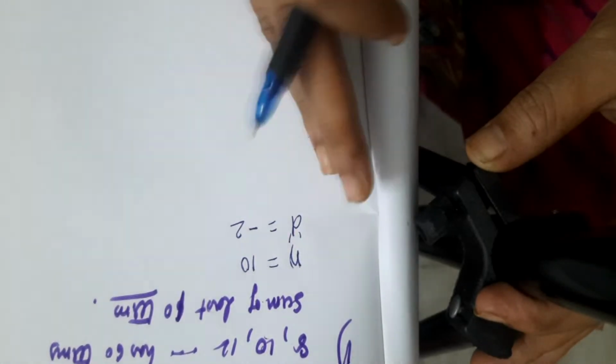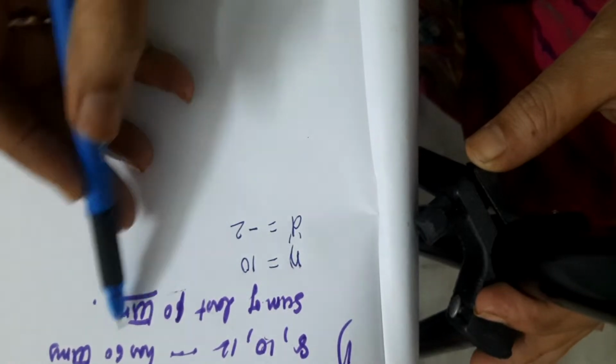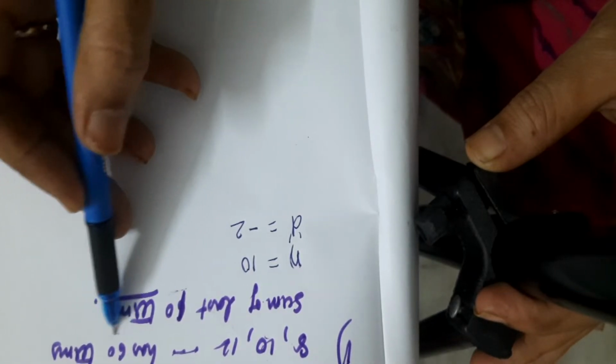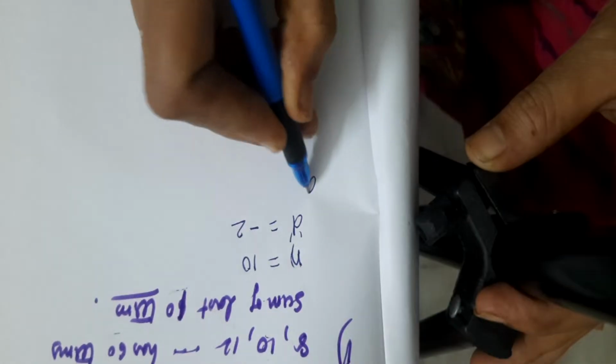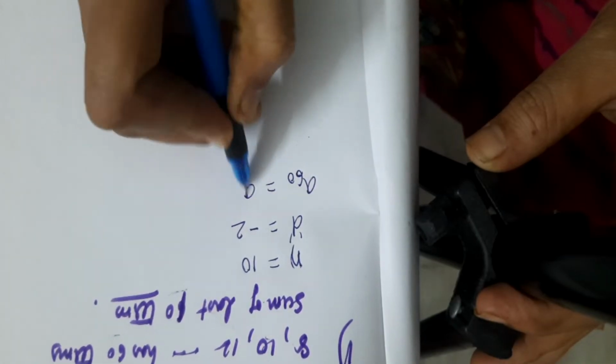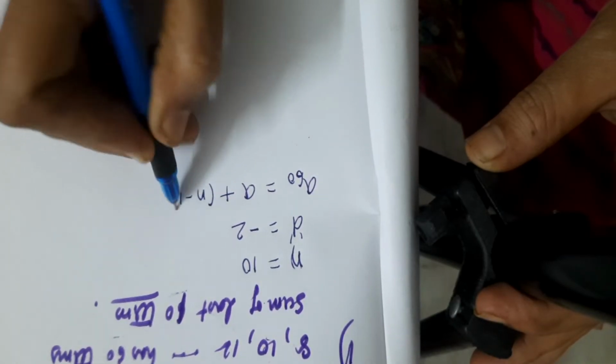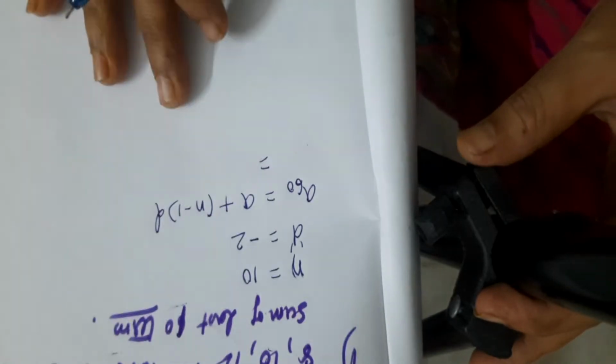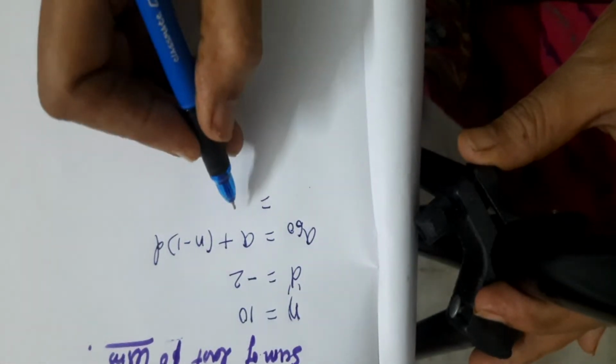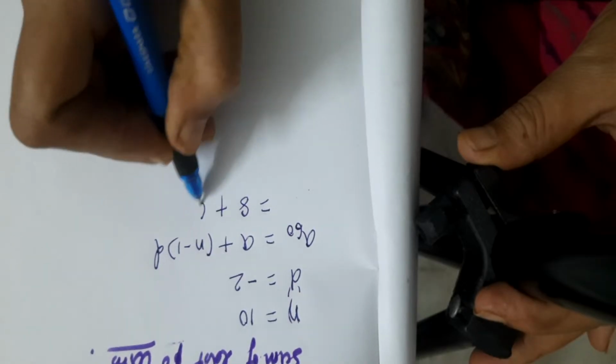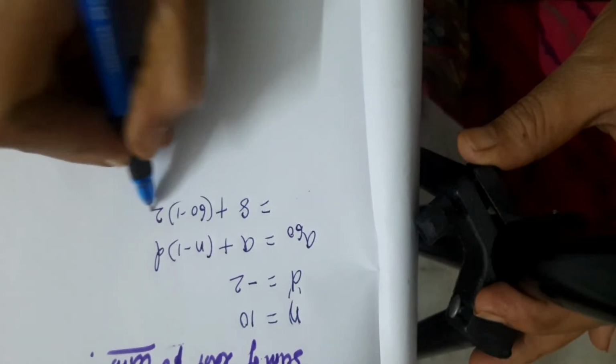What is the last term? As the 60th term is not given, first we find A60. A60 is a plus (n minus 1)d. Here a is 8, n is 60 minus 1, d is 2.